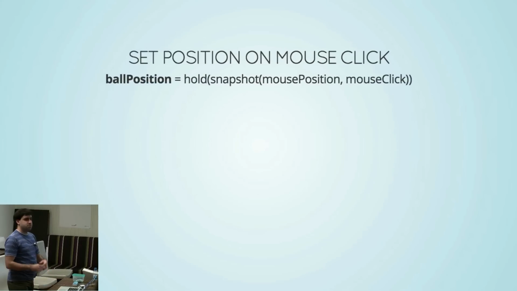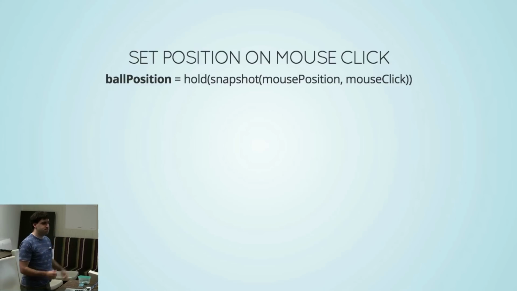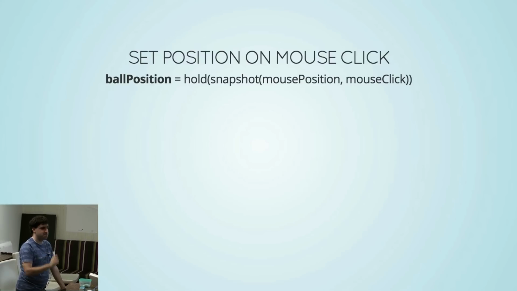So let's imagine that we're writing a very simple program where we, say, show a ball in a window, and we want a behavior where we click somewhere in the window, then the ball automatically teleports there.